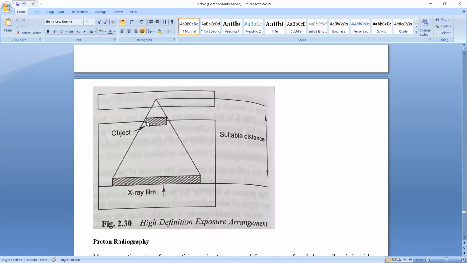This is the size of the object, but what is the shadow of this object? Because the radiation spreads widely, by maintaining the distance between the object and the film, we can enlarge the defects in this object. Even a small defect we can see in a large manner on the film.